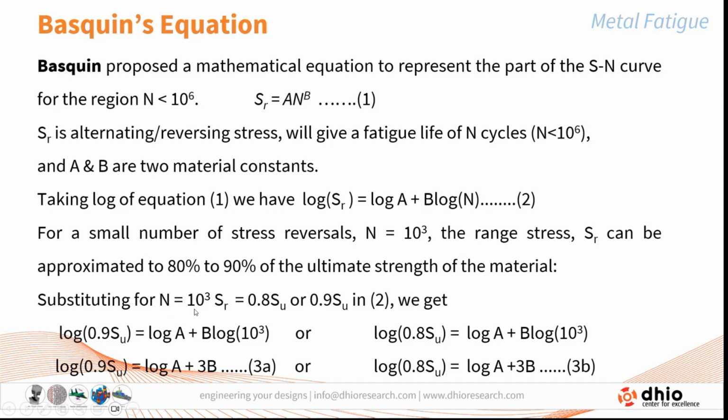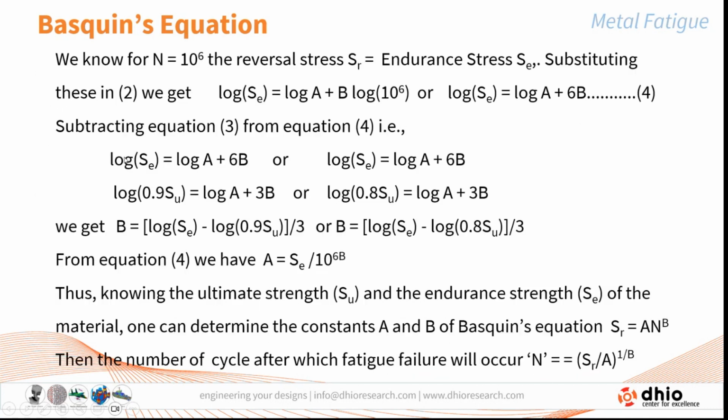Thus, at N equal to 1000 cycles, SR is either 0.8 or 0.9. Here I have taken both the cases and substituted that value, and we get for 0.9 times the ultimate strength this equation, or when it is 0.8, this is the equation for the stress induced and the number of cycles relating the constants A and B.